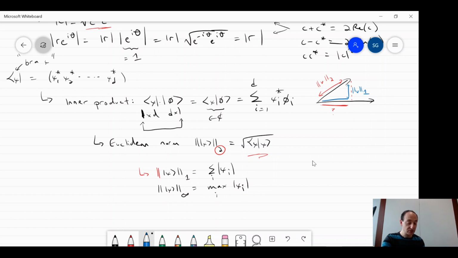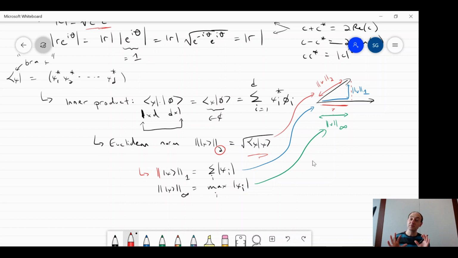And the infinity norm just tells me the largest component. Let me do it in green, so it would literally be this component in this case. Blue is the 1 norm, green is the infinity norm, and red is the 2 norm. All 3 different kinds of norms we'll probably see in this course have different geometric meanings.